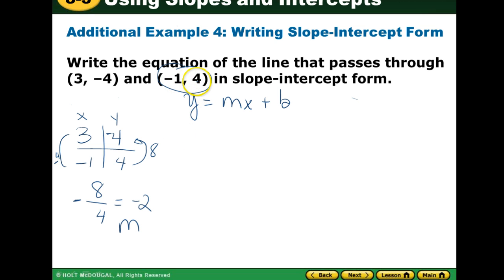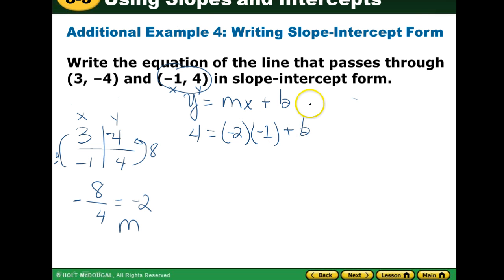Remember, this is x and this is y. So where my y is in the equation, I'm going to replace it with a 4, equal, and then my slope is negative 2, times x, and in this case x is negative 1, so that'll be times negative 1, plus b.